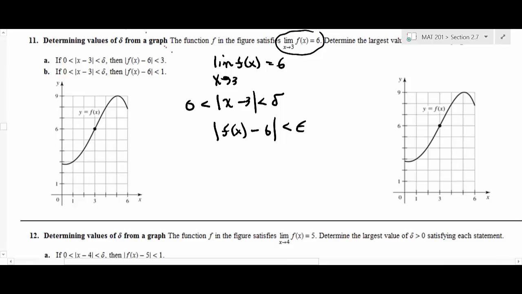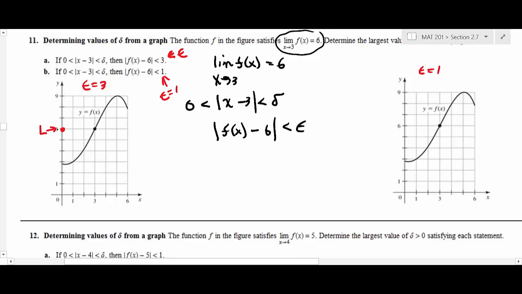Okay, so what you've been given is epsilon is 3 for this graph, and then we're going to change that to epsilon equals 1 for this graph, and you're going to find the largest value of delta where that condition holds. So look at this. This is the value of your limit.